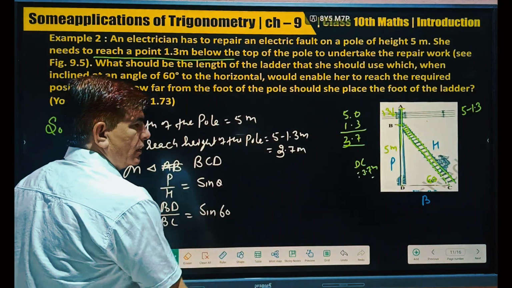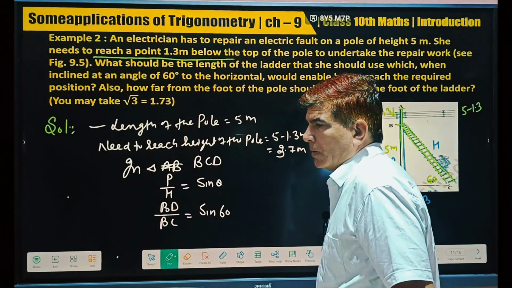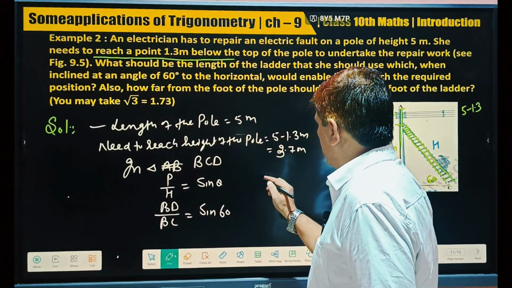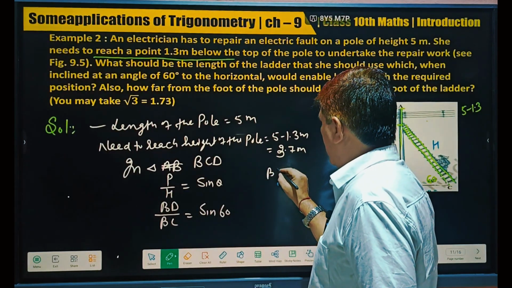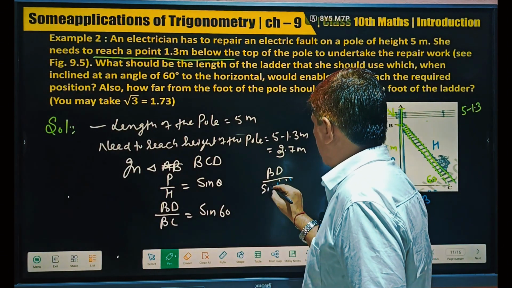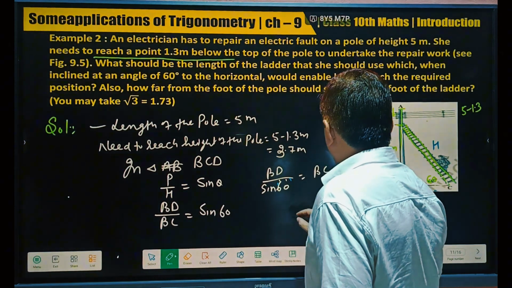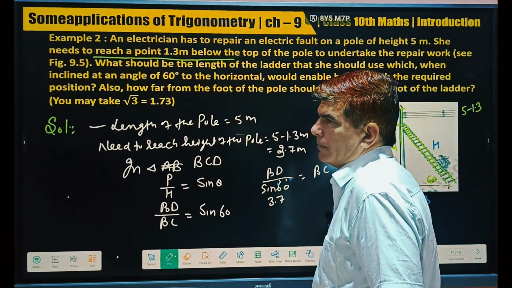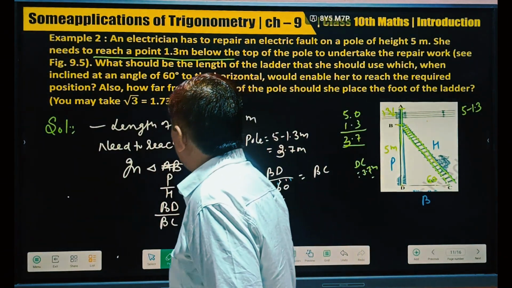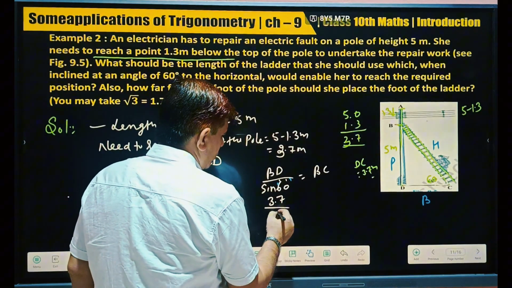What's the angle? 60 degree. Yes or no? Got it? And what we have to find out? BC. So BD by sine 60 is equal to BC. BD is 3.7 meter, and what is sine 60?